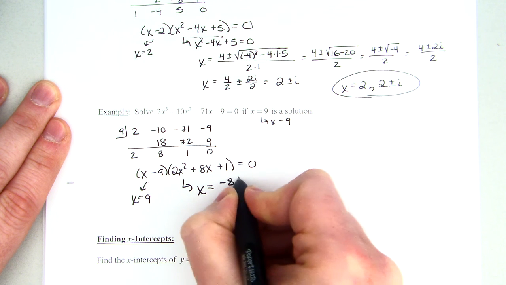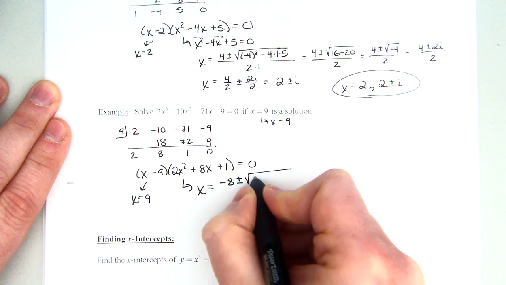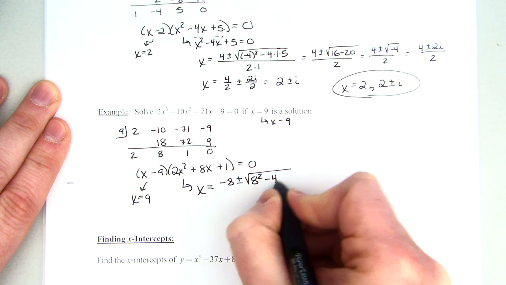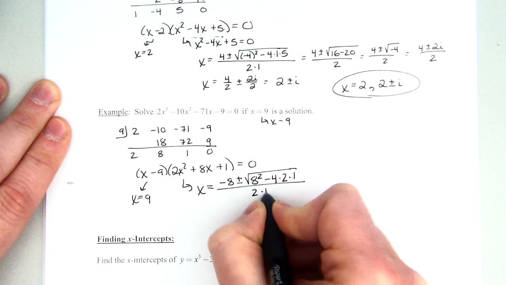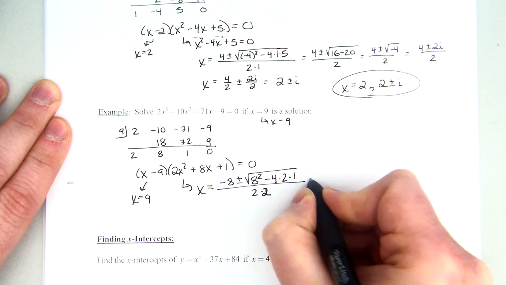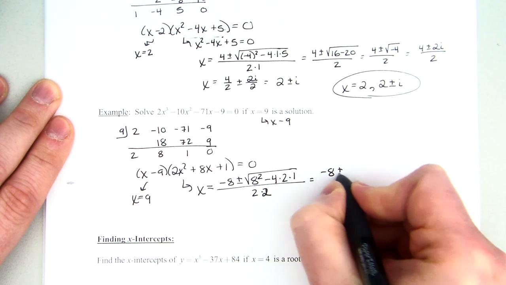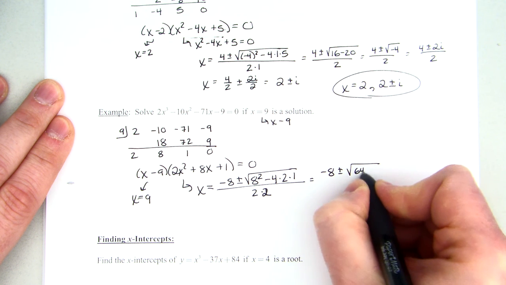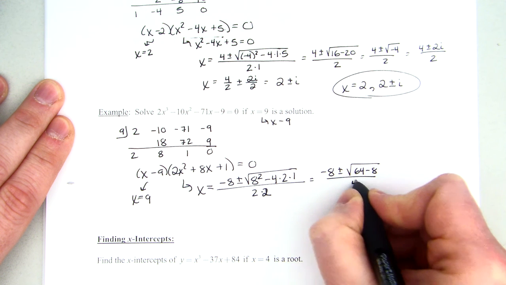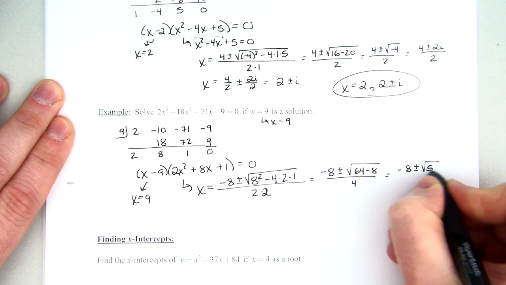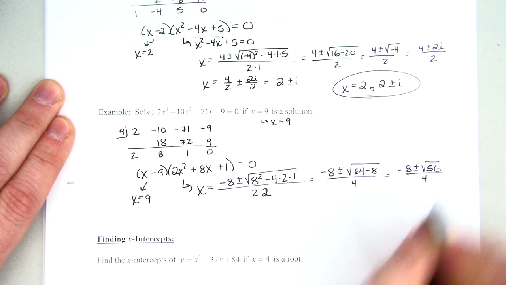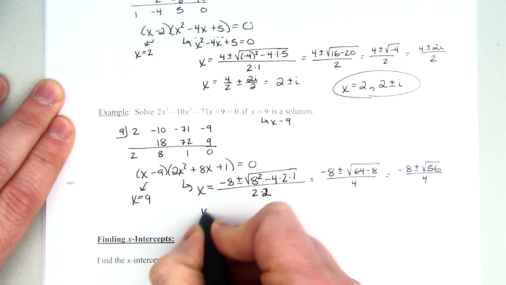x equals negative b, negative 8 plus or minus the square root of 8 squared minus 4 times a times c, all over 2a. Oops, all over 2 times 2. That's negative 8 plus or minus the square root of 64 minus 8 over 4. Negative 8 plus or minus the square root of 56 over 4. I think I can simplify.